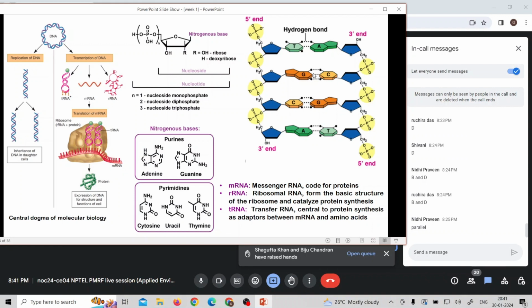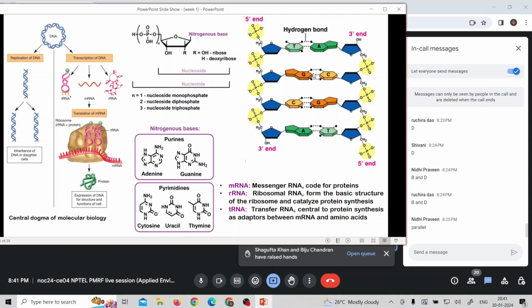Apart from this, we can classify RNA into different types based on their functions. We have mRNA, rRNA, and tRNA, which are of prime importance that all of you should know. So mRNA is basically the messenger RNA. When you go for the transcription process, where this DNA is going to be transcribed, it is going to be transcribed into mRNA as given here.